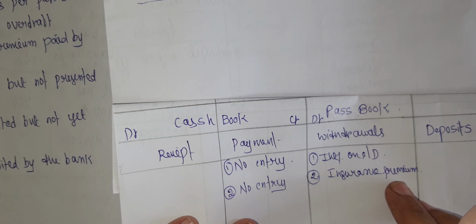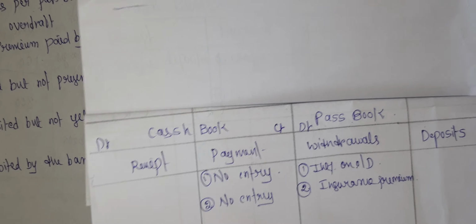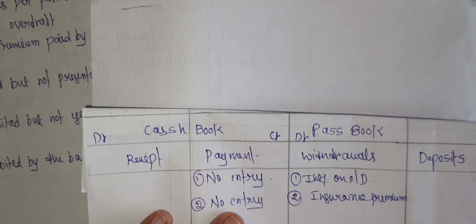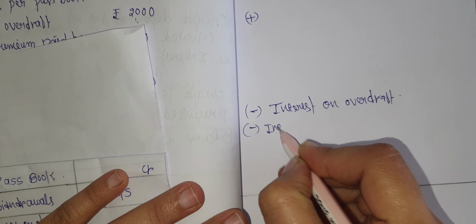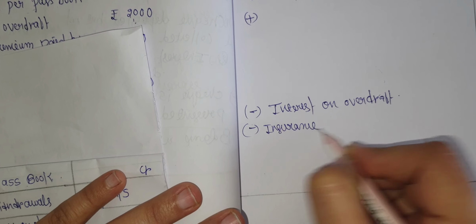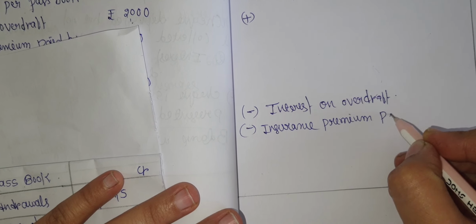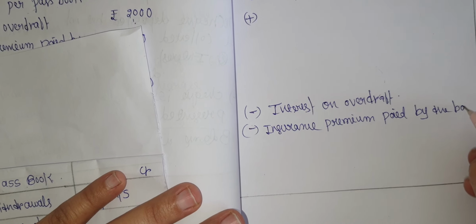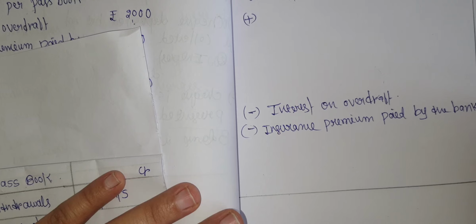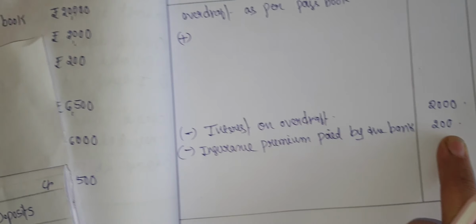The effect on passbook is passbook balance is less or decreasing, means we need to deduct this transaction also. So, less insurance premium paid by the bank, that is rupees 200. See here, write down in the inner column, insurance premium paid by the bank rupees 200.